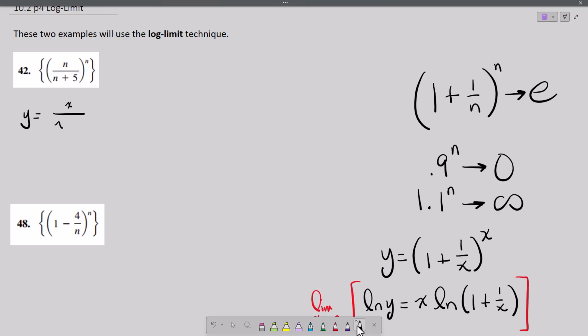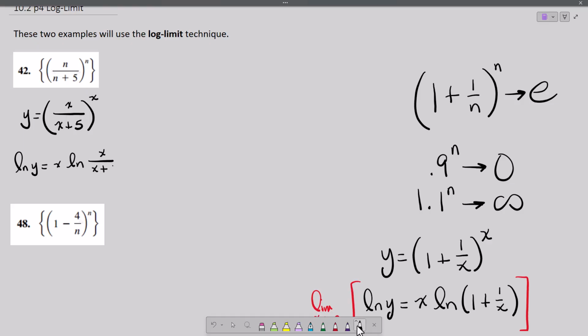And you don't have to use the x's if you don't want to, but I will out of habit. So if we find the limit of this continuous function, it's going to be the same as the limit of that sequence. Well, to find the limit of this continuous function, we're going to use this log limit technique, and eventually use L'Hopital's rule.